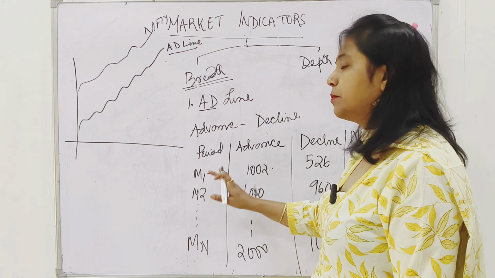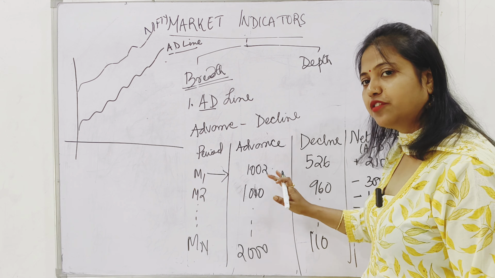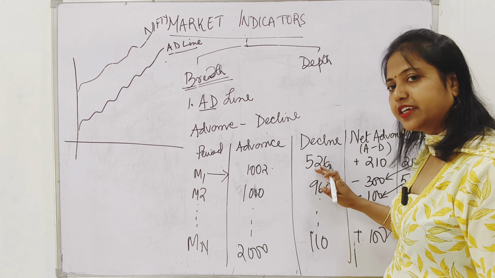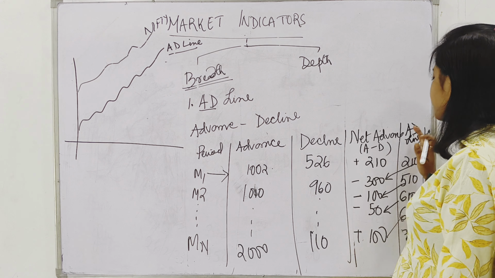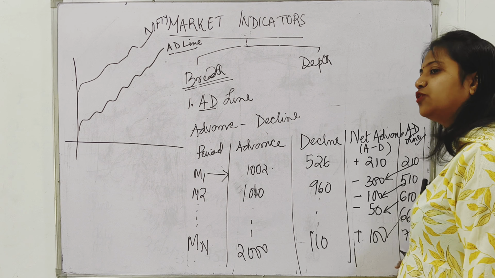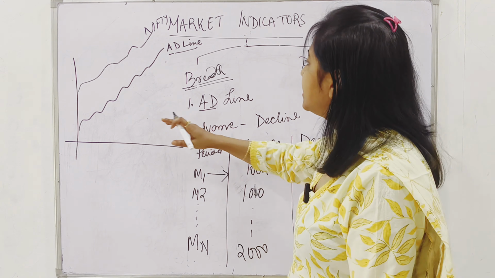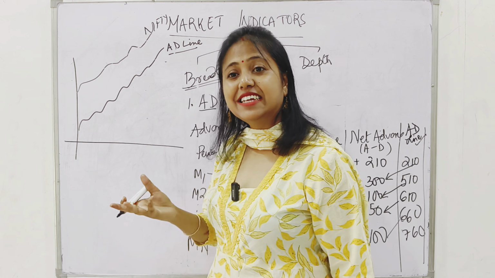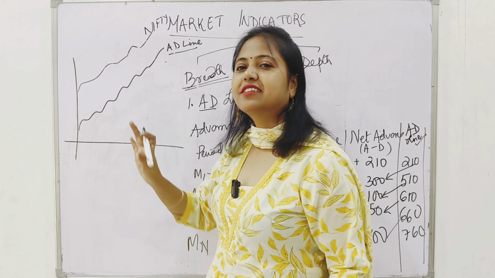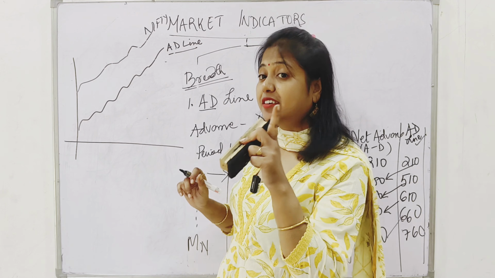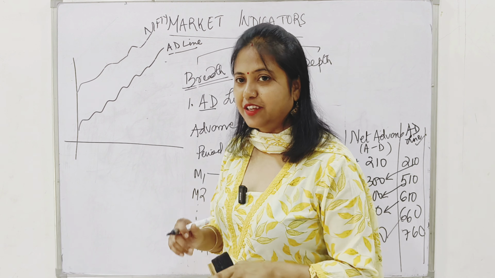Advance is the number of stocks which have shown a positive rise, whereas decline is how many have shown a negative. Then we take the cumulative values, and what we get is known as the AD line. When we plot the AD line and compare it with the broad-based index, we try to know whether there is any divergence or not. We will understand divergence in the next lecture.